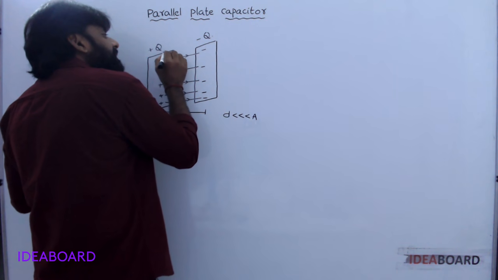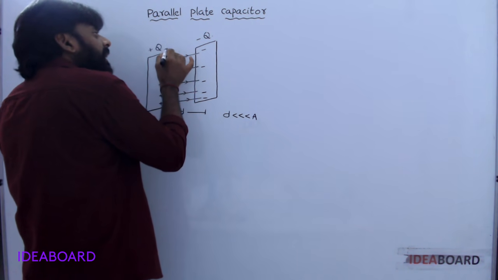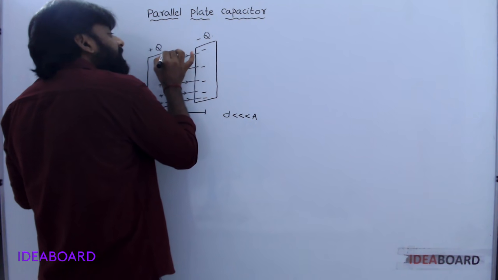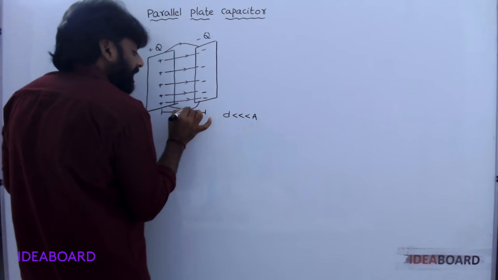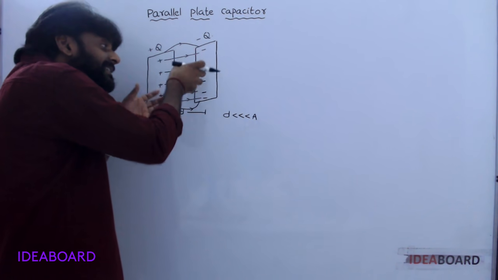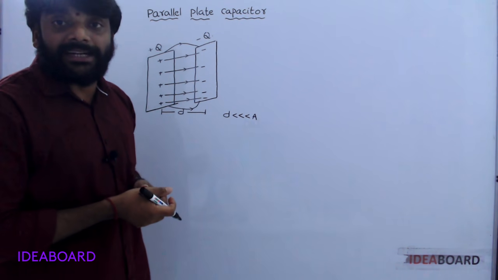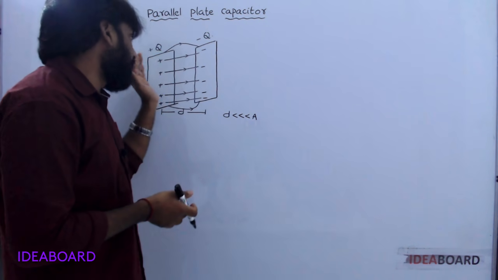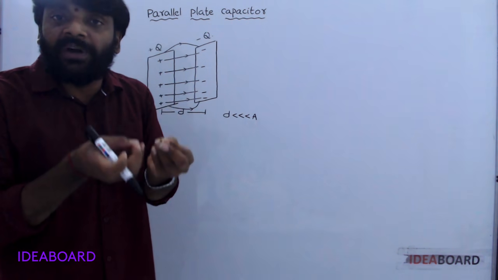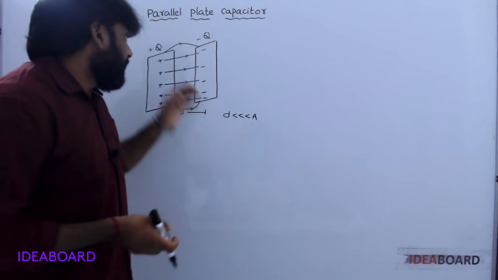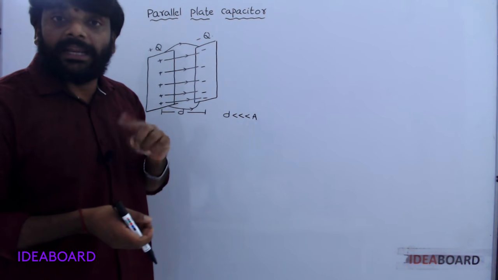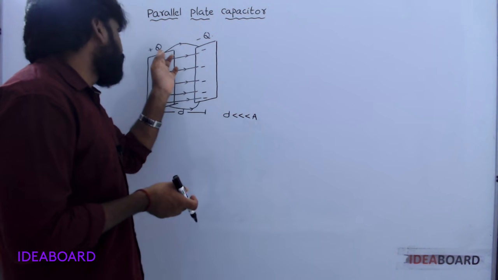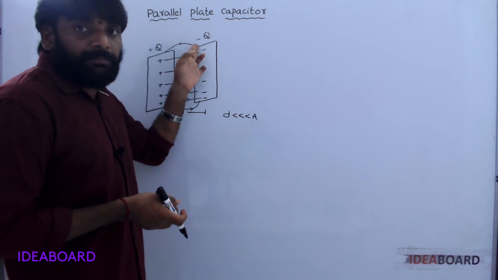At the edges, electric lines of force are curved. Inside the plates, electric lines of force are straight lines. That means a uniform electric field. That field is uniform inside, but at the edges the field is not uniform, so the lines of force are bending.